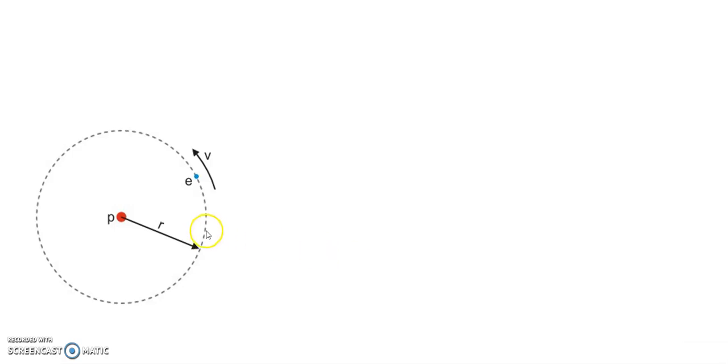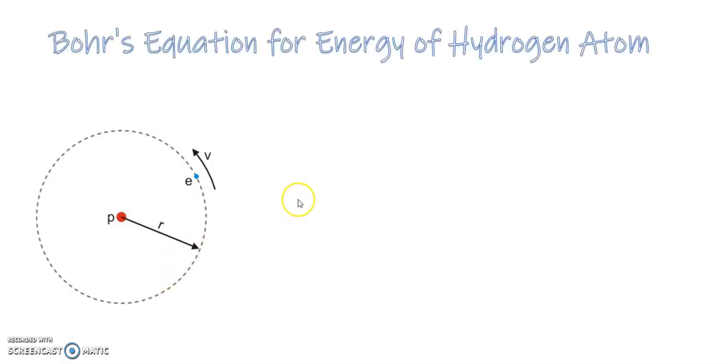Next, we are taking a hydrogen atom with the nucleus at the center and the electron revolving round in a radius r, for deriving the Bohr equation for the energy of the hydrogen atom. Let the charge on the nucleus be plus Ze.